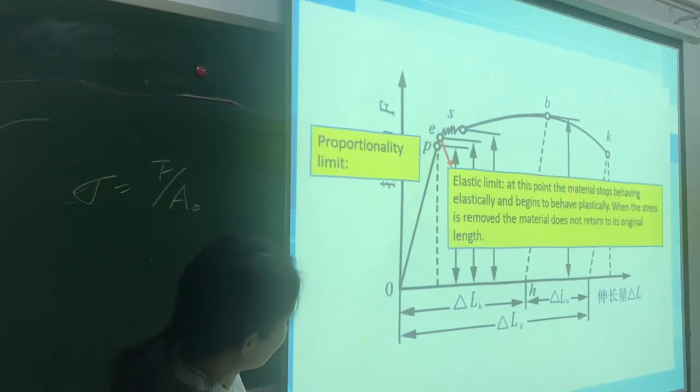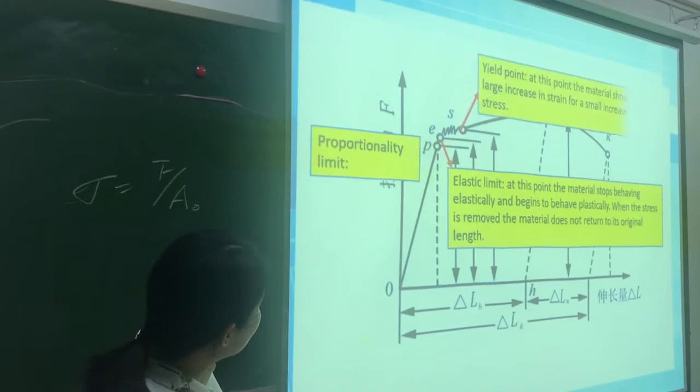At this point, the material stops behaving elastically and begins to behave plastically. When the stress is removed, the material doesn't return to its original length. The yield point. At this point, the material shows a large increase in strain for a small increase in stress.